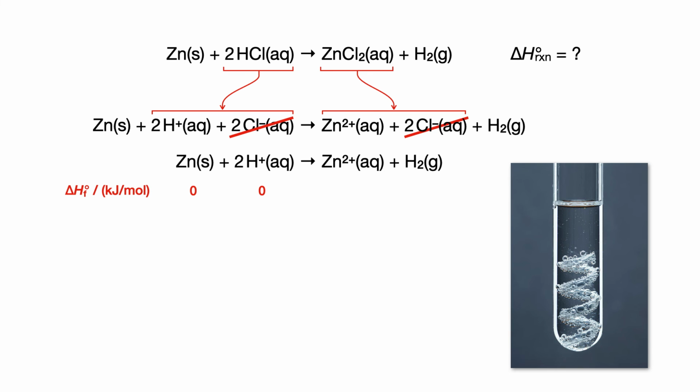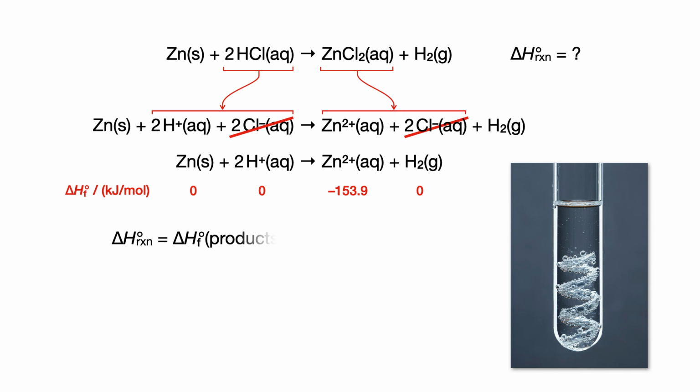But for now, the number that we would find in a table is that the enthalpy of H plus in solution is 0, and then the enthalpy of formation for the zinc 2 plus ion is negative 153.9 in units of kilojoule per mole. And then hydrogen gas is, again, an element. It has a standard enthalpy of formation of 0.